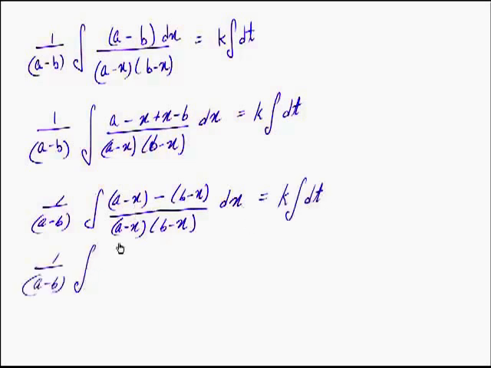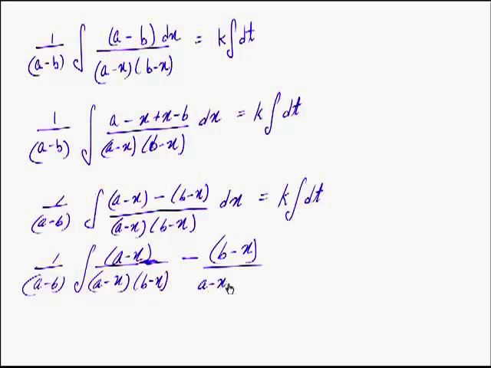Now if you realize, we can always write this expression in the integral sign as A minus x upon A minus x into B minus x minus B minus x upon A minus x into B minus x.